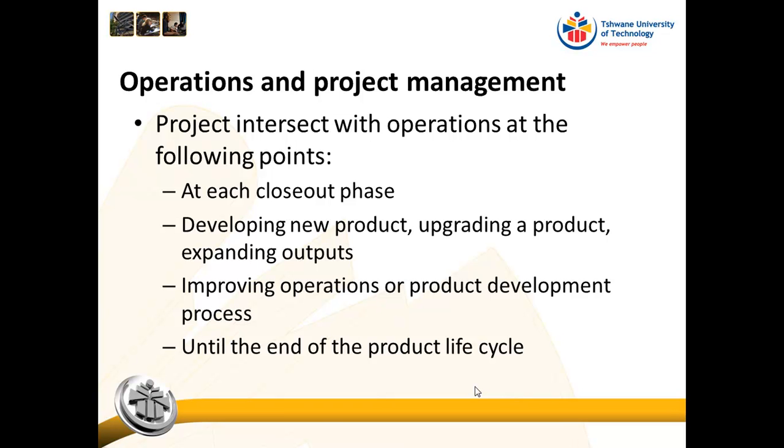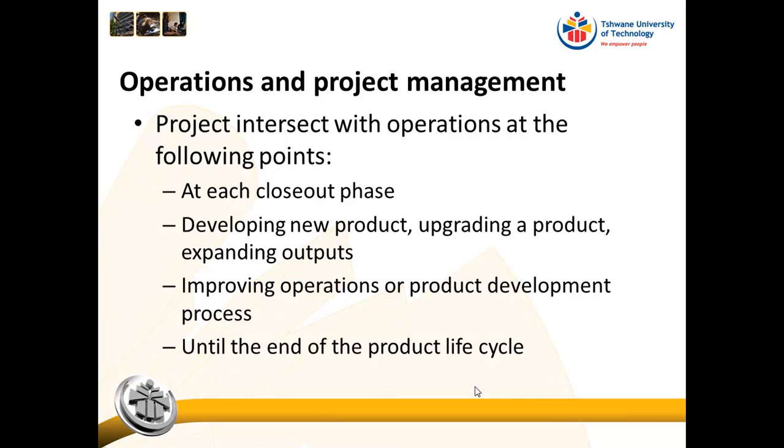Okay, so projects intersect with operations at the following points: when we close out a phase, and we will talk about that more when we talk about project life cycles just now, developing new products, upgrading a product, expanding outputs.